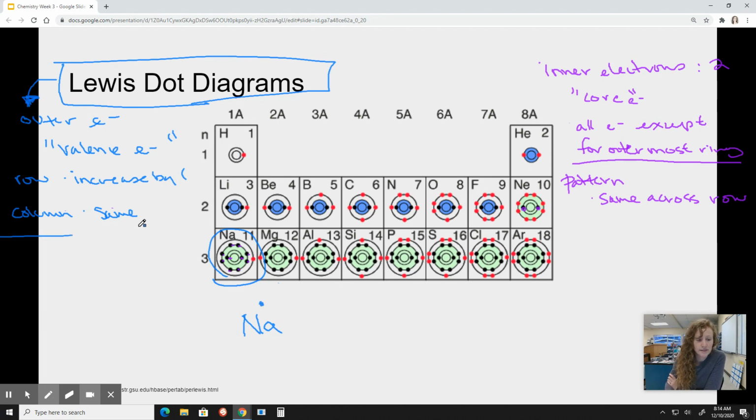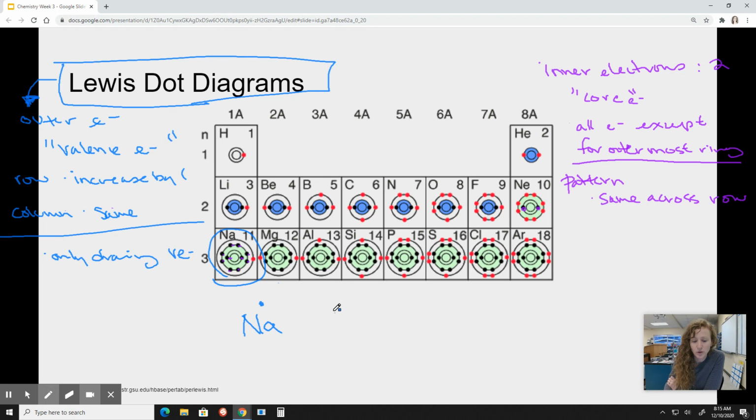So for Lewis dot diagrams, you're only drawing valence electrons. You're also going to include the symbol, but you're going to draw the valence electrons as dots around the symbol.